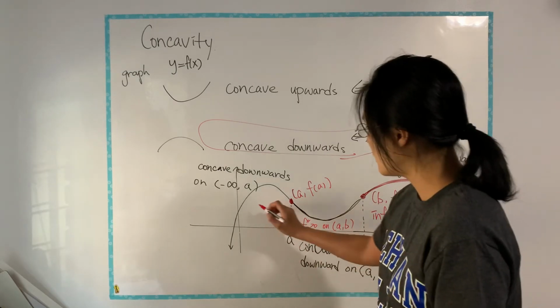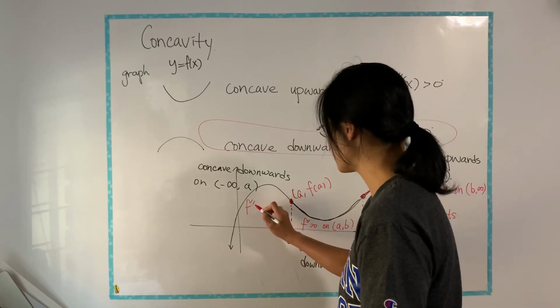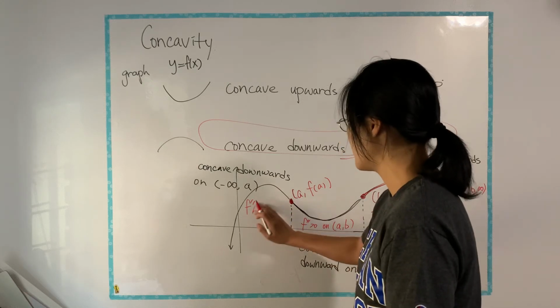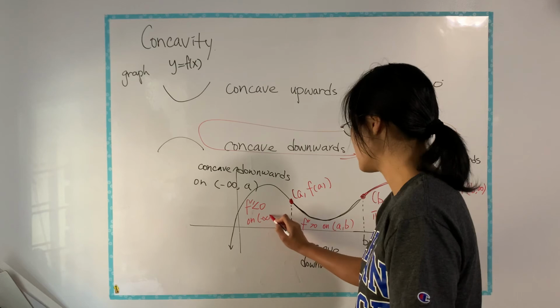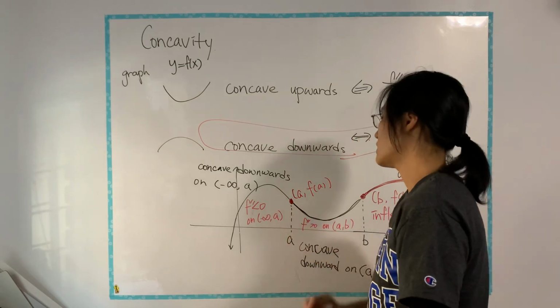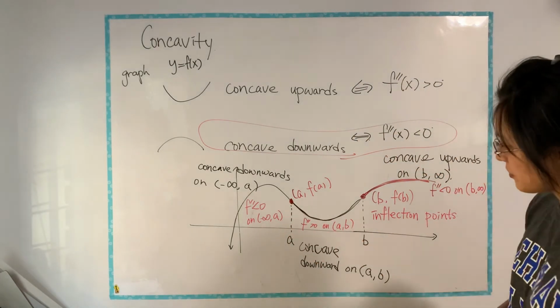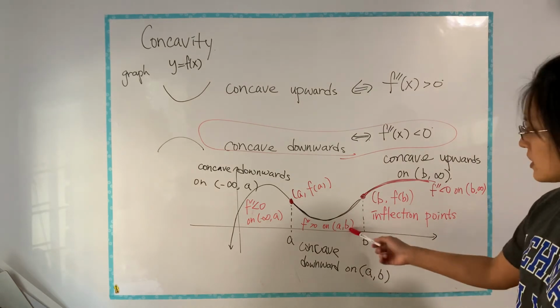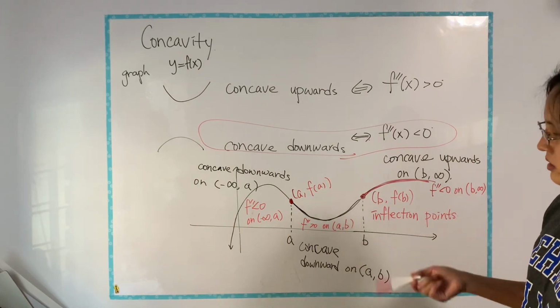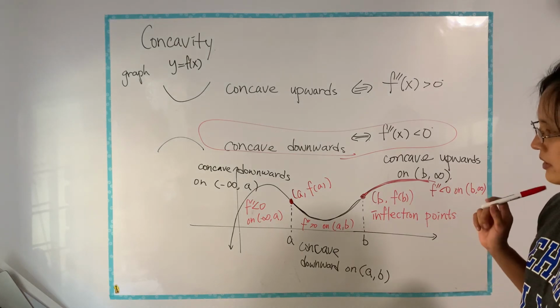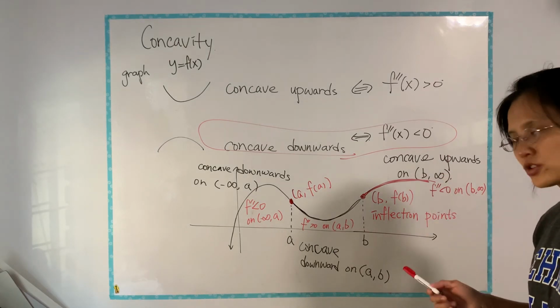And similarly, you will see f double prime negative on the interval from minus infinity to a. So when we don't have the graph, we can just use the derivatives to help us determine whether f is concave up or down and on which intervals.